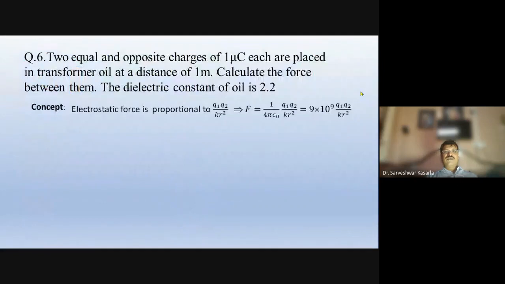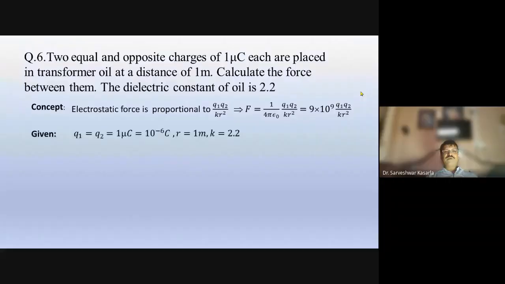The concept is the same: electrostatic force is proportional to Q1 Q2 upon k r square, because k is the dielectric constant of the medium now. It is not free space. It equals 1 upon 4 pi epsilon 0 Q1 Q2 upon k r square, which is 9 into 10 to the power 9 Q1 Q2 upon k r square.